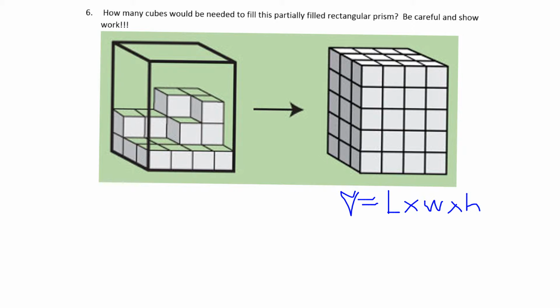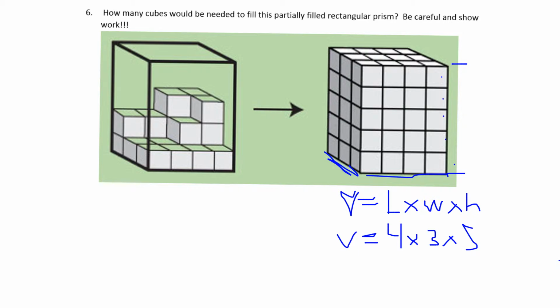So if we look at this prism, we have a length of 4, a width of 3, and we have a height of 1, 2, 3, 4, 5. So we have a height of 5. So our volume is equal to 4 times 3 times 5.